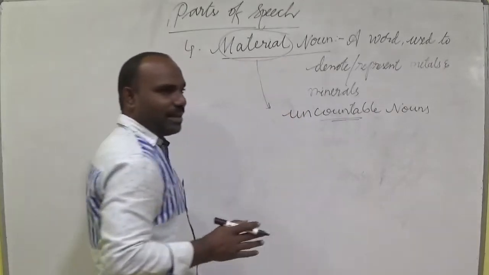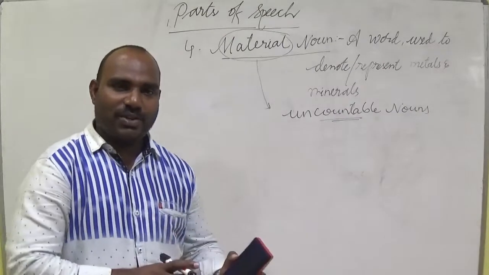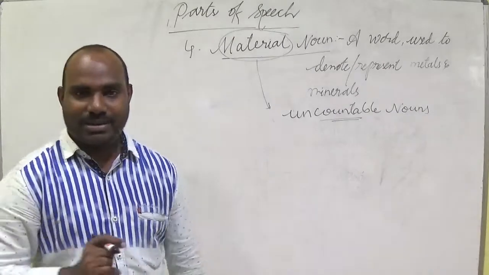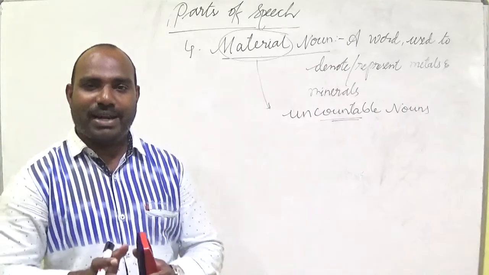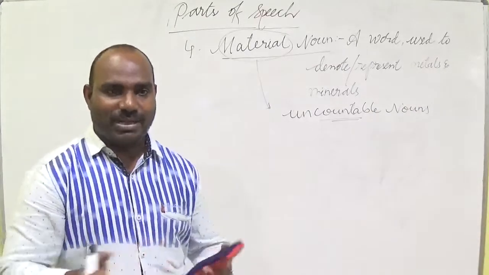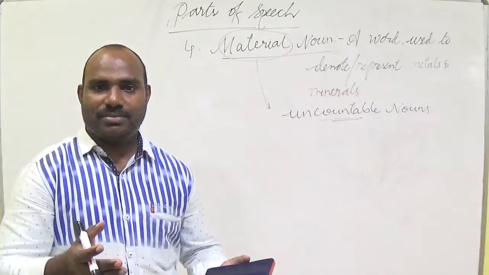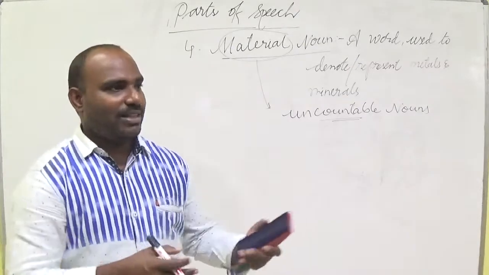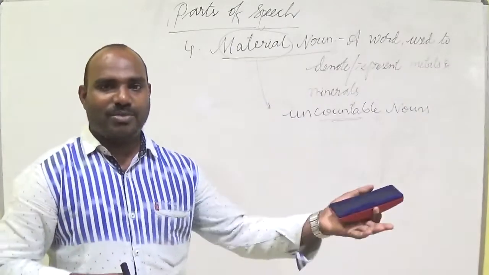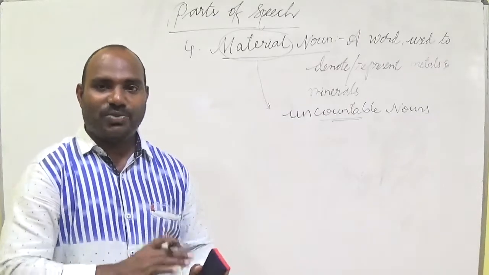Nouns can be in another category: countable nouns and uncountable nouns in English. Countable nouns are nouns that can be counted on fingers easily. For example, school: one school, two schools, three schools. Boy: one boy, two boys, three boys, 100 boys, 1,000 boys, we can easily count on fingers.